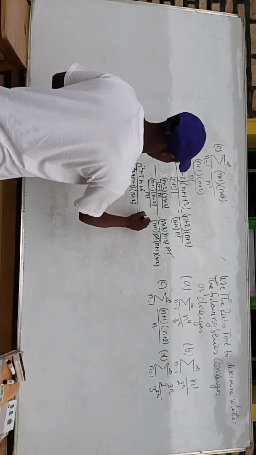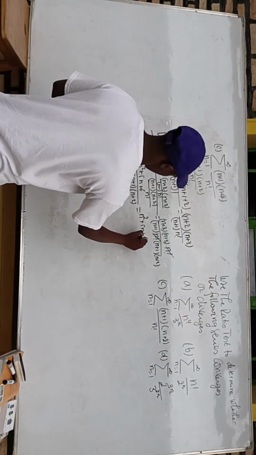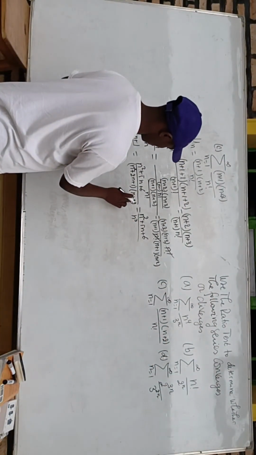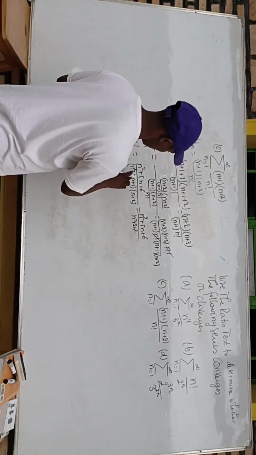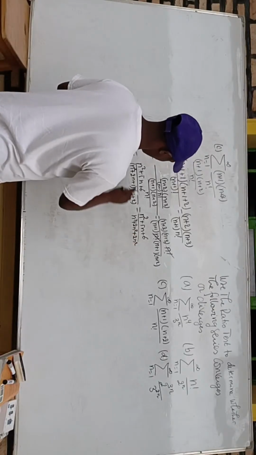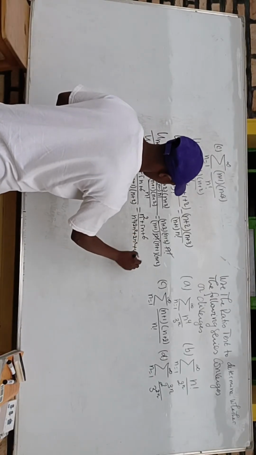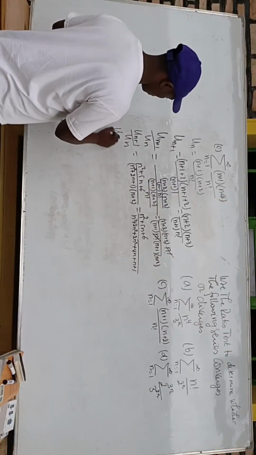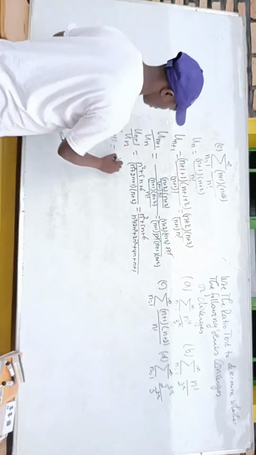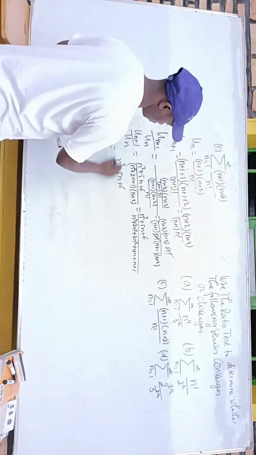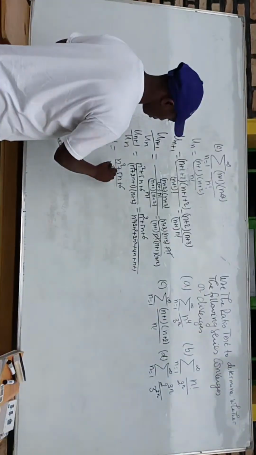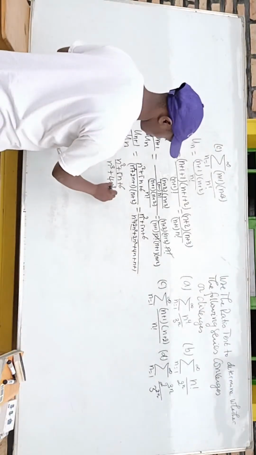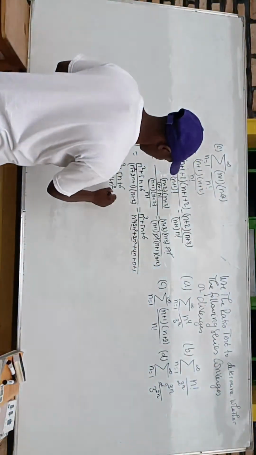This is n squared plus 5n plus 6 over n to the power 3 plus 4n squared plus 5n plus 1, after expanding the denominator.